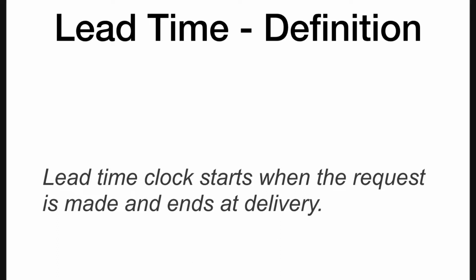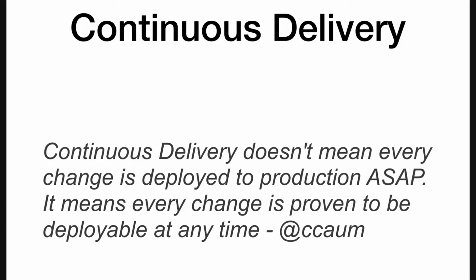So to minimize that time, we're going to build a system that allows us to do continuous delivery. Sometimes people get confused between the terms continuous delivery and continuous deployment. Continuous delivery doesn't necessarily mean that every single change makes it into production. It means that at any point in time, we can deploy to production.